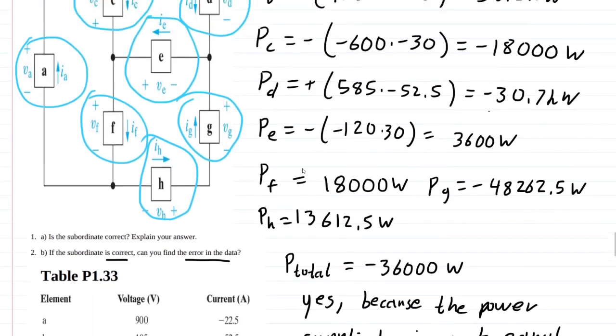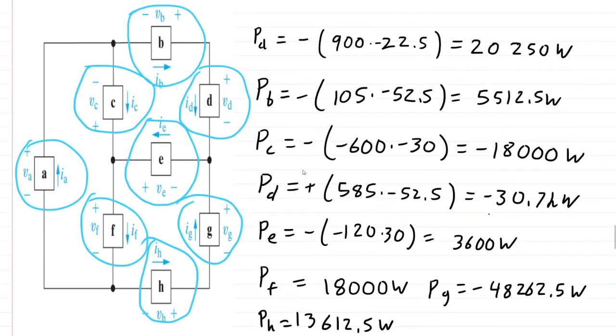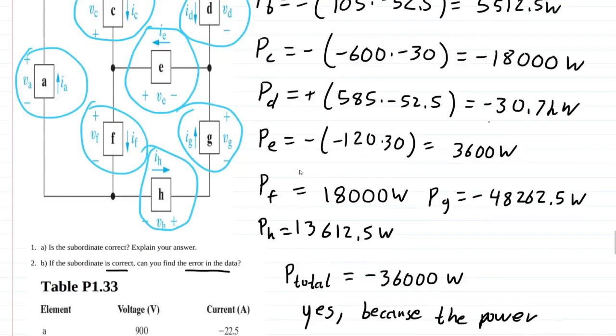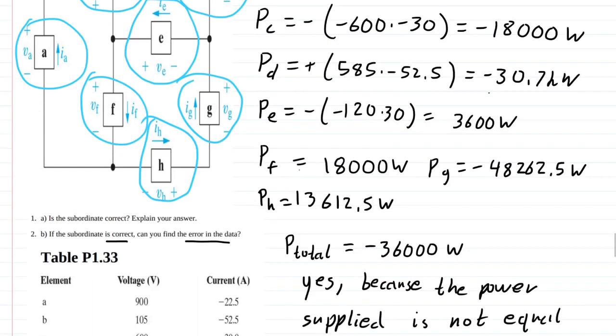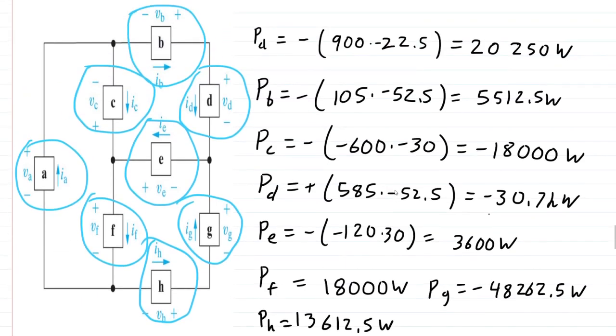Well, if you look at the values for these powers that we've calculated, and we look at the P total, so let me circle that. Our P total is minus 36,000 watts, right? Well, which two of these numbers here look like they would add up or subtract to make 36,000? It seems to me that we have two 18,000s here.